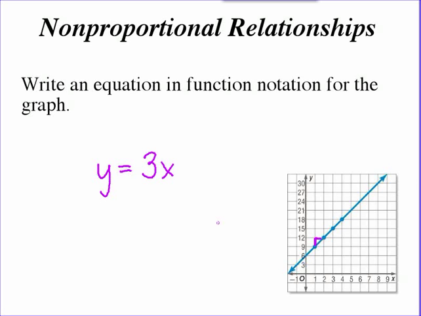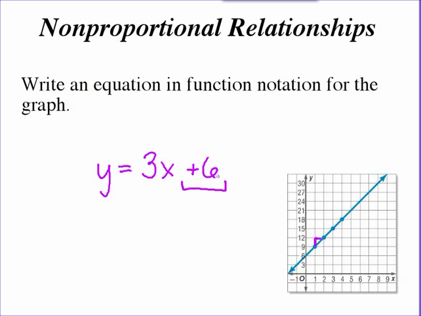So now you're going to add the point that it starts with. Plus 6, because it starts at 6. If it would have started at 20, I would have put plus 20. If it would have started at -5, I would have put -5.